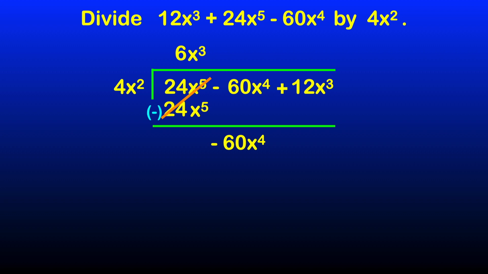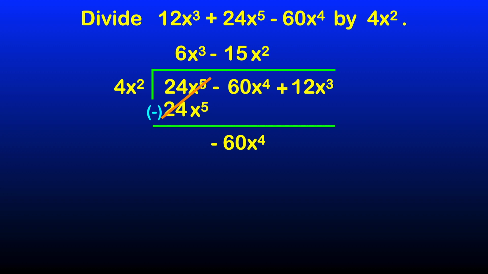Tapos, once nag-bring down, babalik sa first step, divide. So, kasama yung signs, negative divided by positive is negative. 60 divided by 4 is 15. And x to the 4th power divided by x squared is x squared.